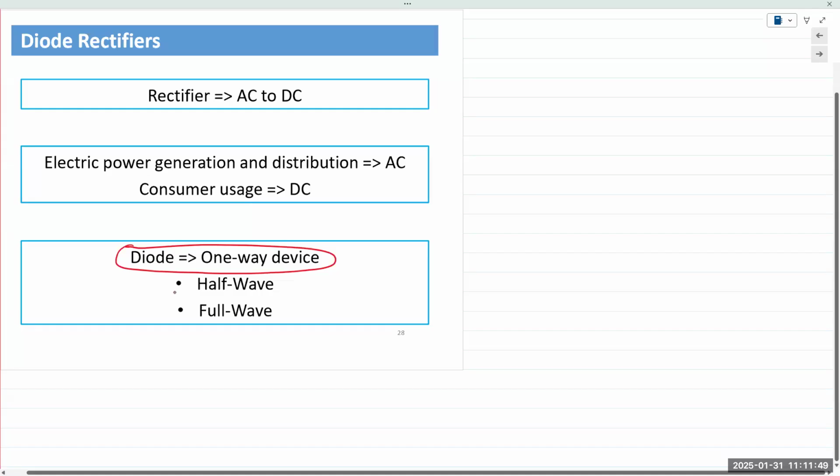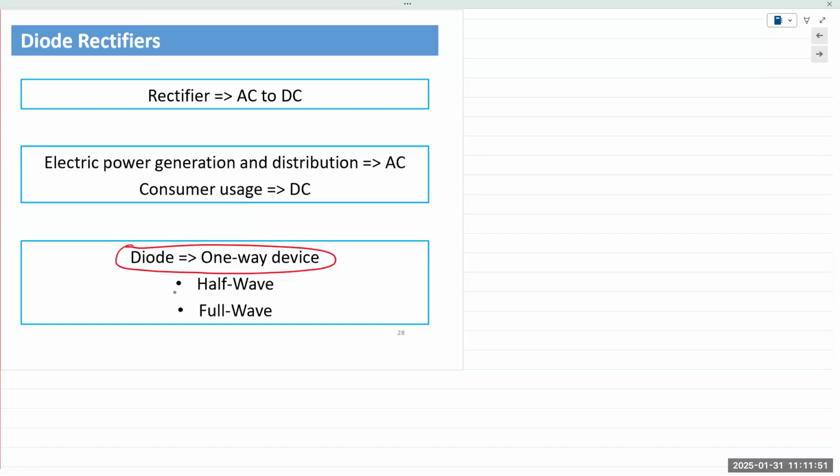We need to convert the power outlet that's on AC, and that's where our laptop adapters and chargers come into the picture. Each laptop adapter or charger is an AC to DC converter.